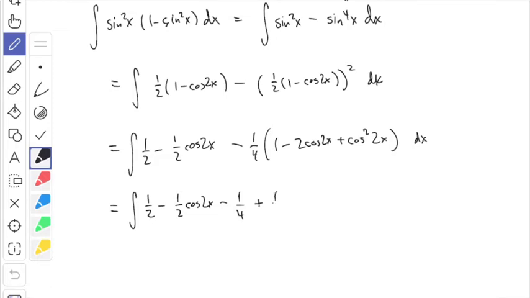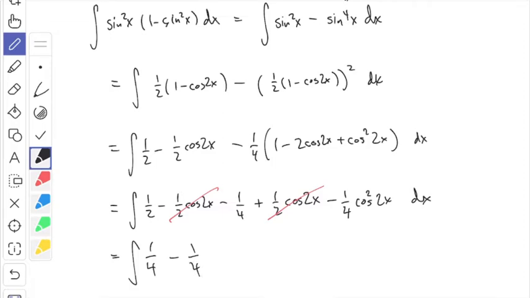Plus 1/2 cosine 2x minus 1/4 cosine squared 2x. And actually, I like this because you'll see this part cancels here and here. Minus 1/2 cosine 2x will cancel with plus 1/2 cosine 2x, which is nice. The constants can add together, but they don't fully cancel. We get 1/2 minus 1/4, which is 1/4. So I got a 1/4 here, minus 1/4.